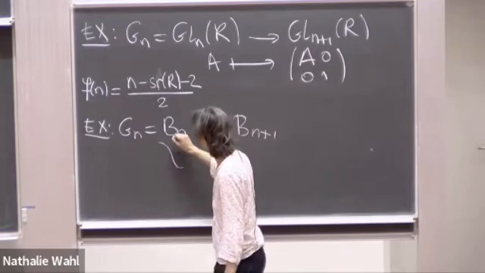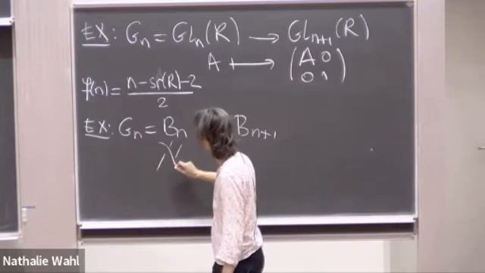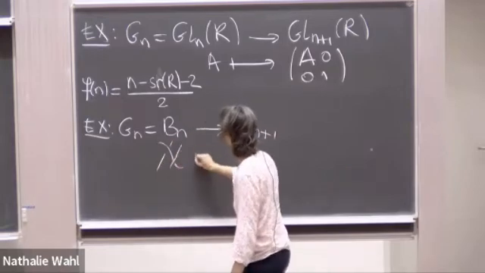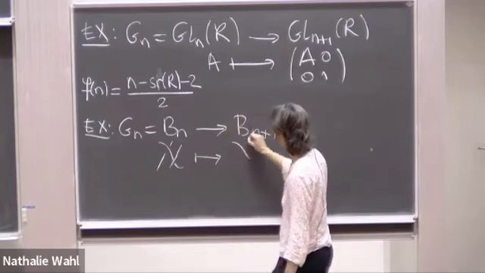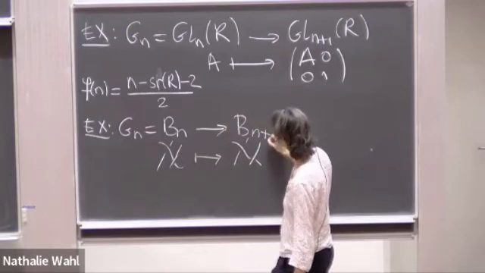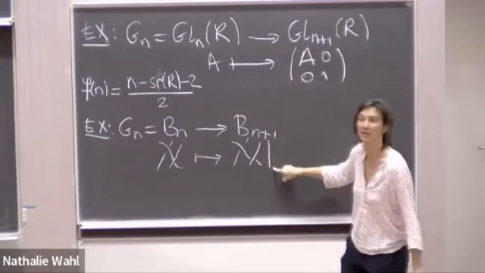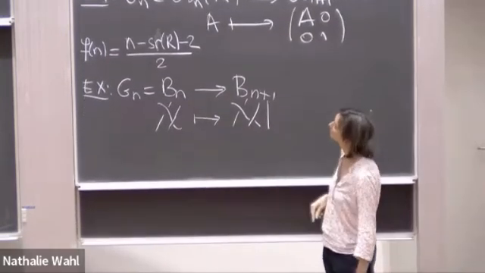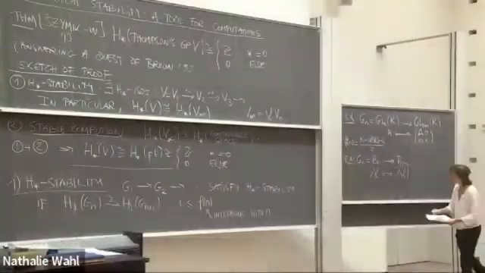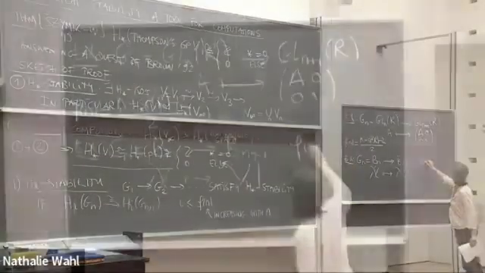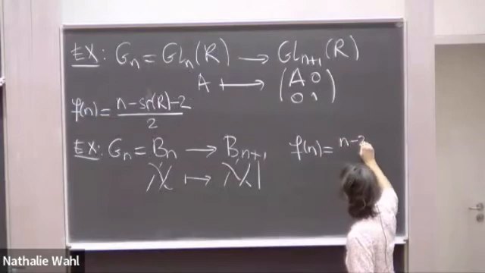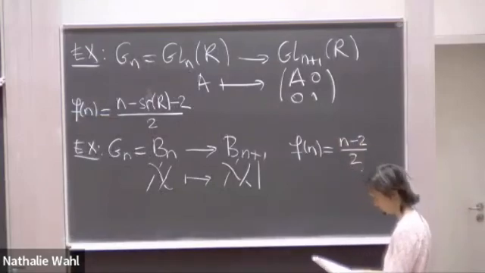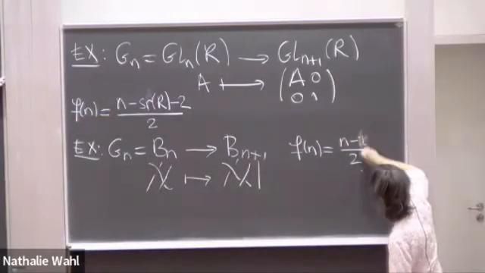If I have a braid, something like this, then I can create a longer braid by just adding the identity on the last letter. So this would be for the braid groups. In this case, you can take f of n to be (n minus 2) over 2, or maybe (n minus 1) over 2, something like this.